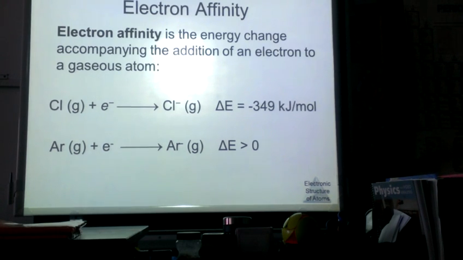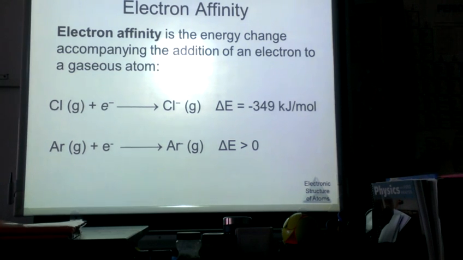Okay, last one, electron affinity. Electron affinity is the energy change that accompanies the addition of an electron to a gaseous atom. Ionization energy was the amount of energy it takes to remove an electron. Electron affinity is the energy change that happens when an electron is actually added.